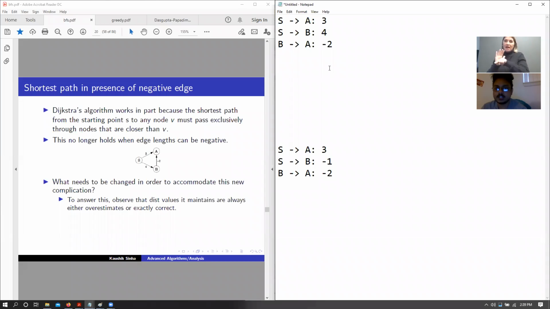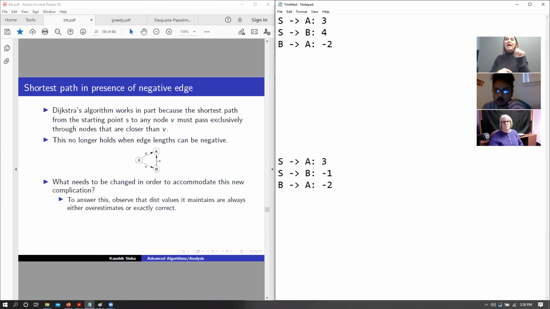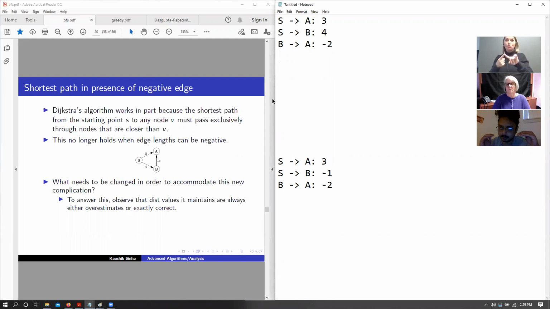Let's say that for this first graph, I am going to explore starting from S. I start off from S, and look at all the vertices that I have seen from S and add them to my priority queue. So I have seen A and B, right?